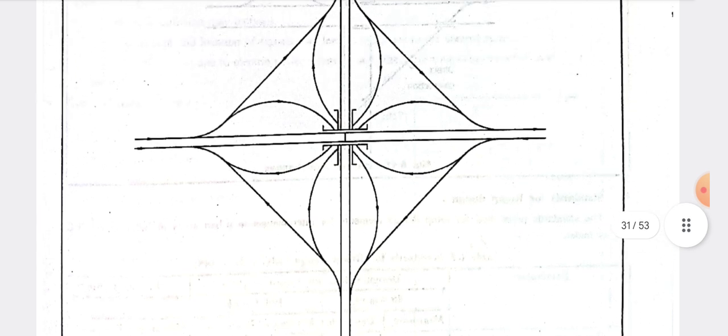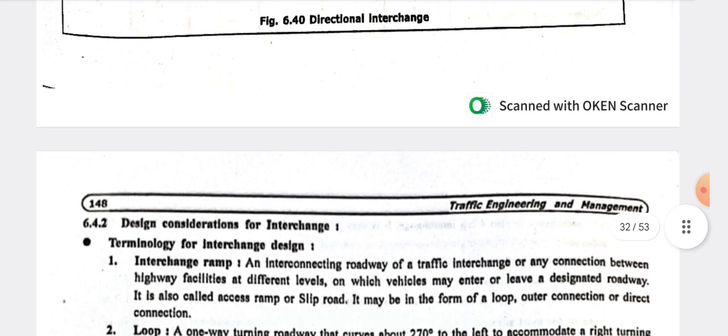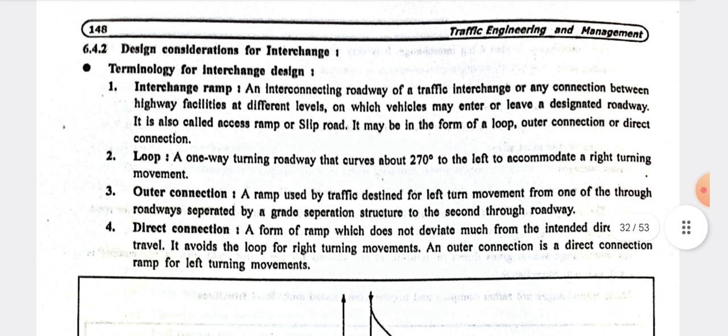See this directional interchange. Here the road is constructed, an underpass or overpass is constructed, and small connecting roads with each other are also constructed. Now design considerations for interchanges, starting with terminology for interchange design.